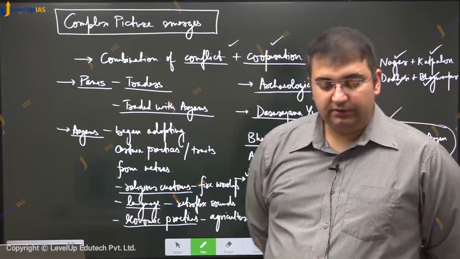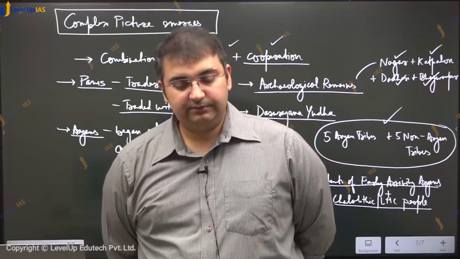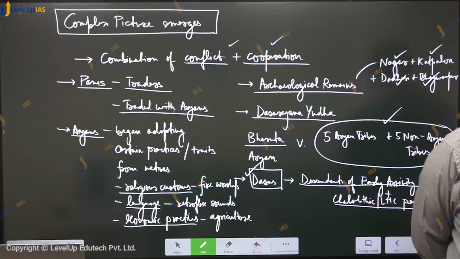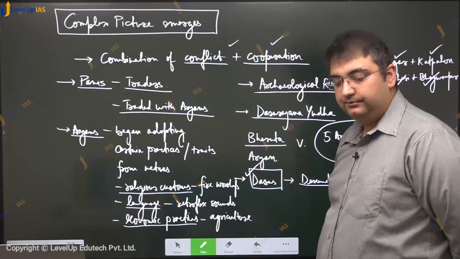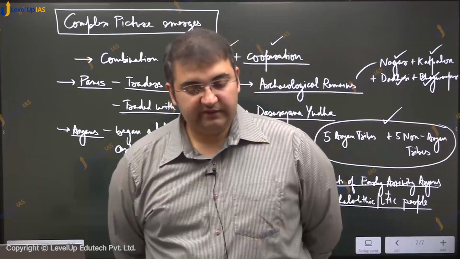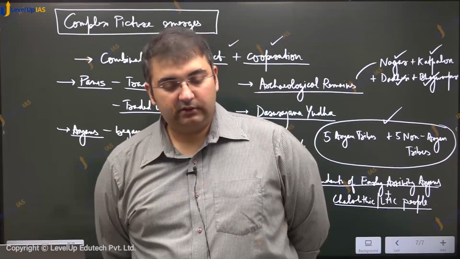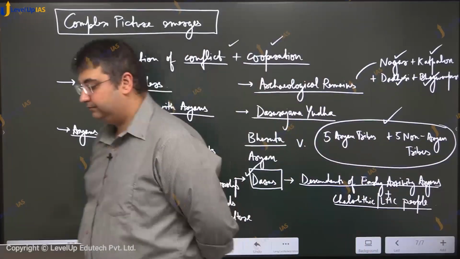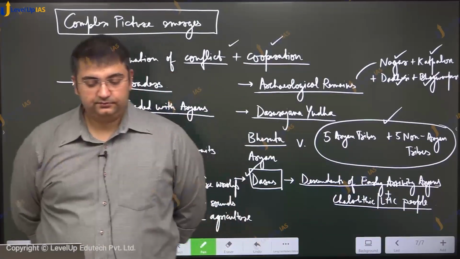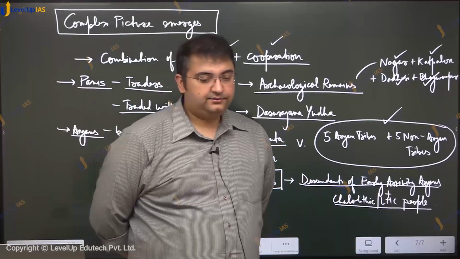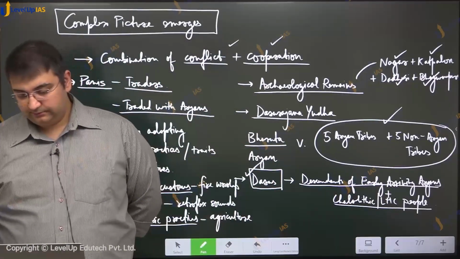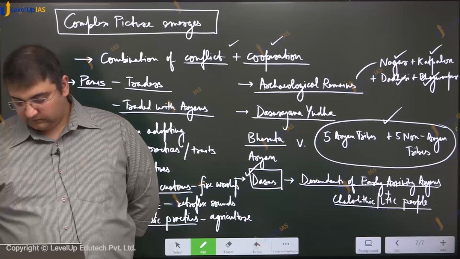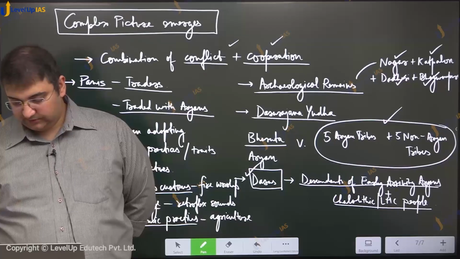In the Das Rajan Yudh, comma, one of the sides was a confederacy of five Aryan and five non-Aryan tribes.